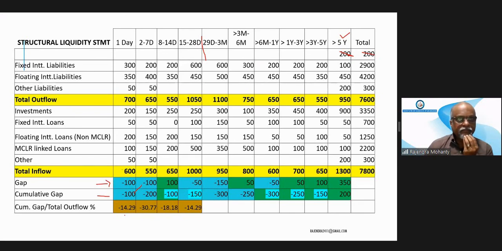What is the RBI prescription for the first day? 5%.